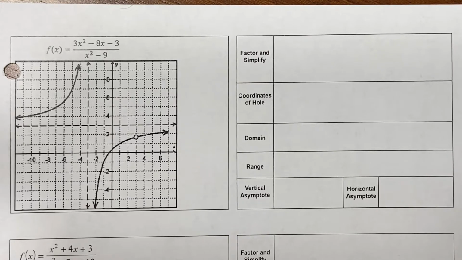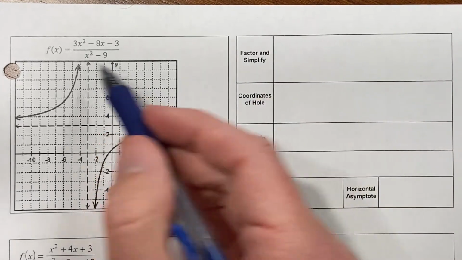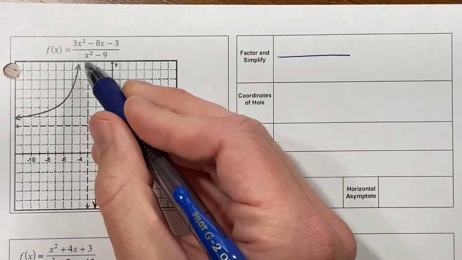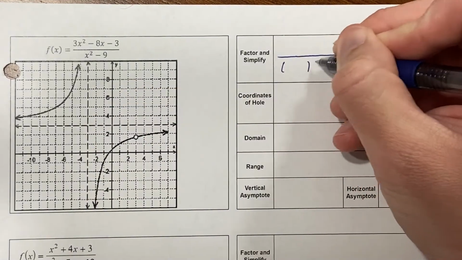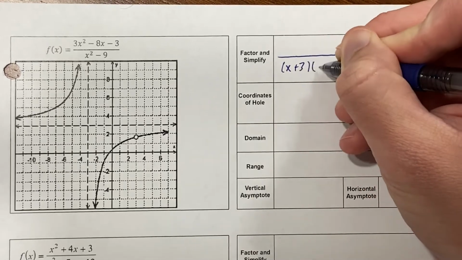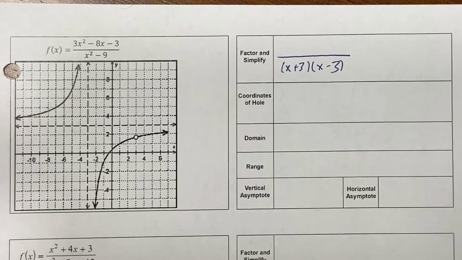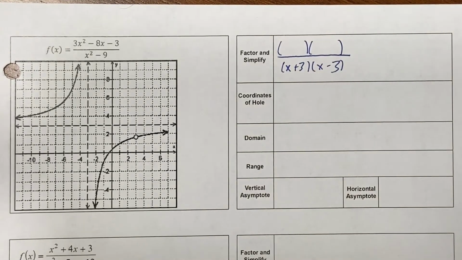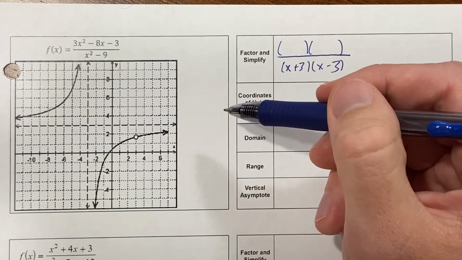All right, let's factor this thing. So I have a numerator and a denominator. The denominator is the easy one. It's a difference of squares. It would be x plus 3, x minus 3. And the top one is factorable. You could use your little area method, your little box.